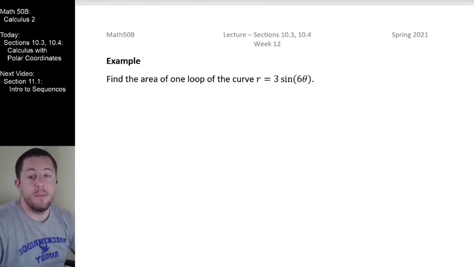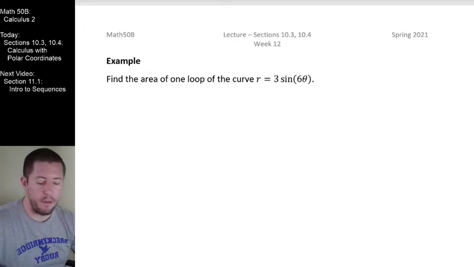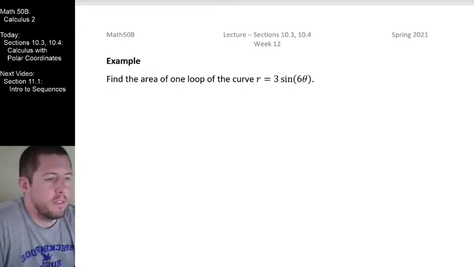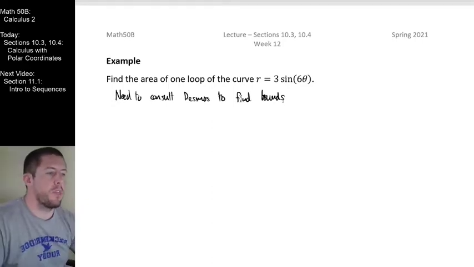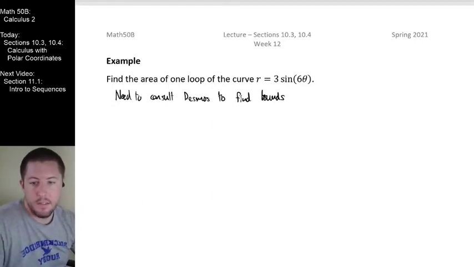So it seems like what we need to do is go look at a picture in Desmos to determine the bounds. I need to consult Desmos to find bounds. So let's go take a look at this in Desmos. 3 times the sine of 6 theta.